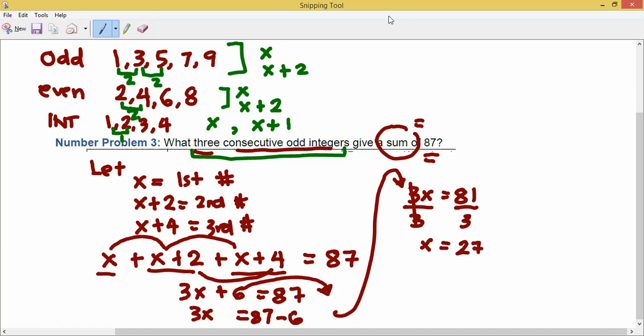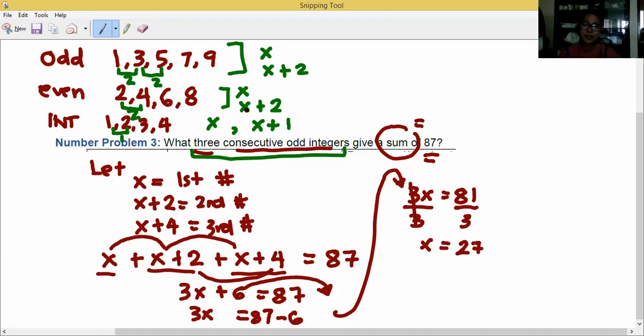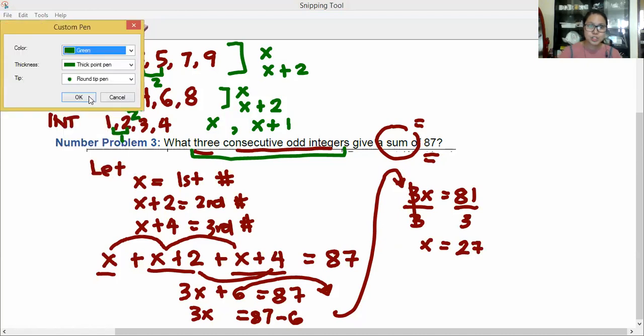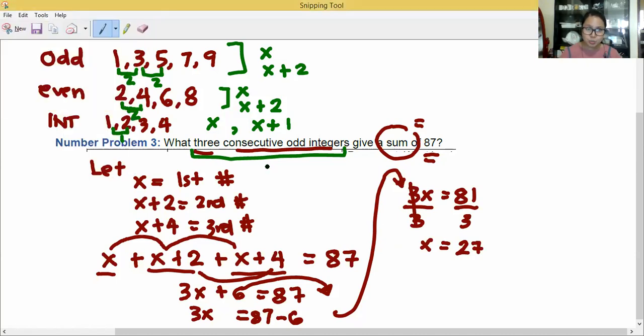Now we go back to the question. What's the question? What are the 3 consecutive odd integers? Now, remember, the first one is x. So our first integer is 27. What's the next one? X plus 2. That's 27 plus 2.